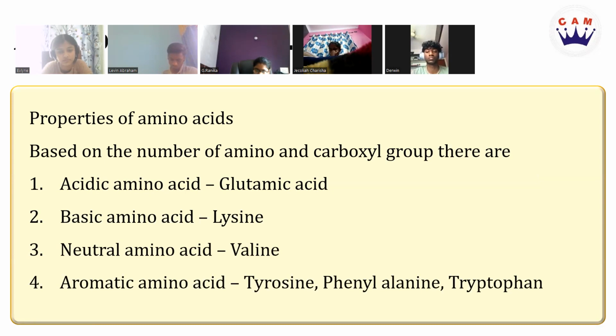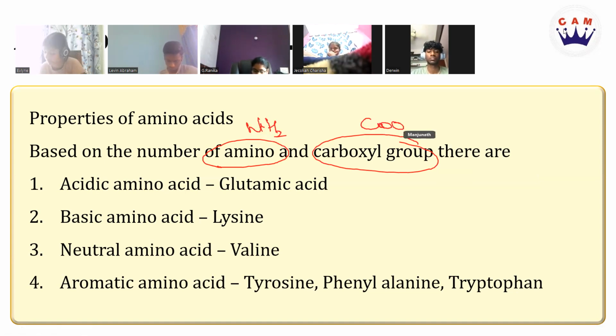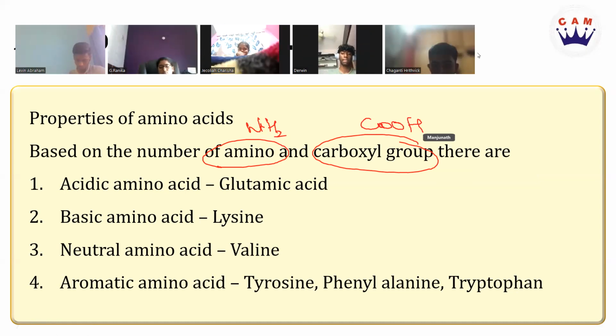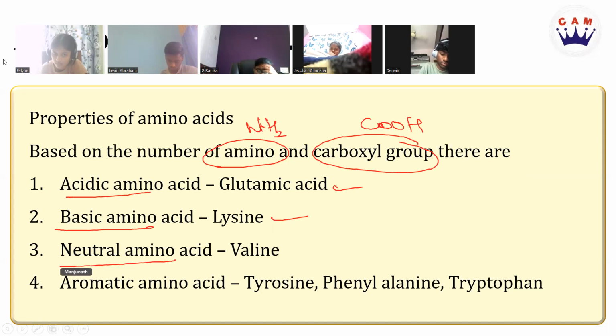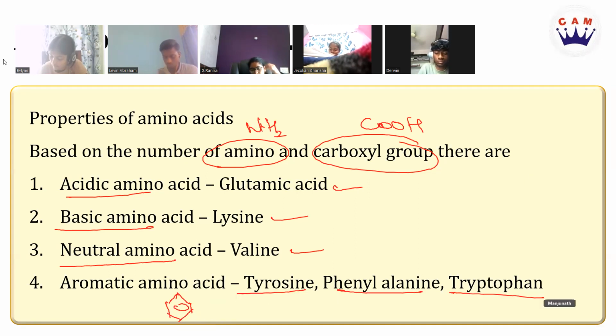So as I told you, based on the number of amino groups or carboxylic acid groups, NH2 and COOH, you can have acidic amino acid, glutamic acid, basic amino acid, lysine, neutral amino acid, valine. Aromatic are those which contain closed ring structures. It can be tyrosine, phenylalanine, and tryptophan. Next.